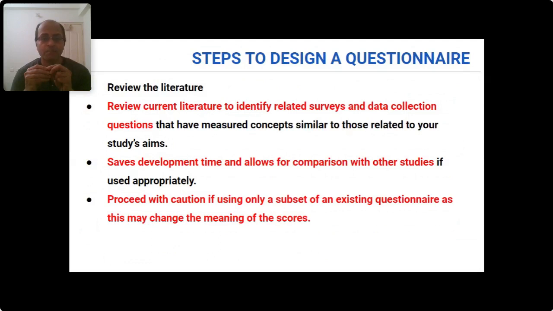It saves development time. It also helps you to compare with other studies. One important aspect here, as I have already said: if you are trying to make a questionnaire which matches an already existing questionnaire, then you are having a subset of it. That means you have to be careful, because somebody has already done it and interpreted it. You are trying to change the way it is being interpreted. So you have to move with caution, and then only could you work it out as such.